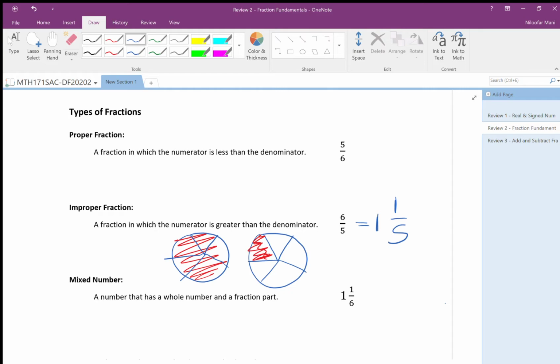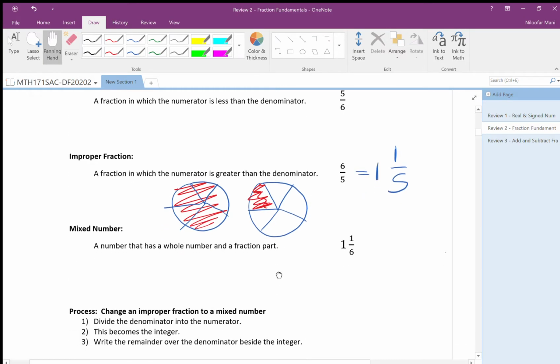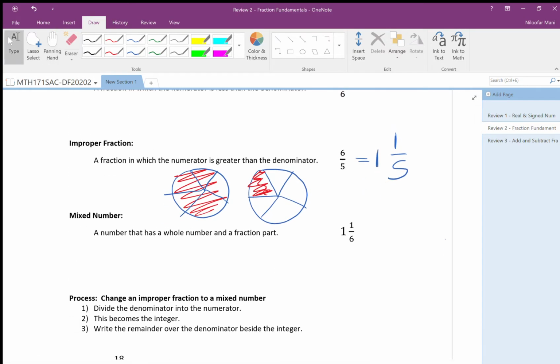So here it means I have something divided by 6. So you do this and this and this and this and this.